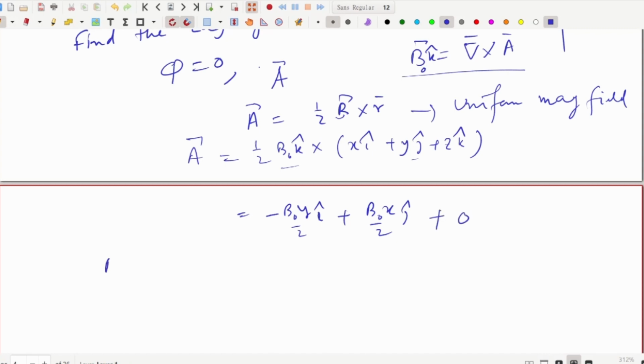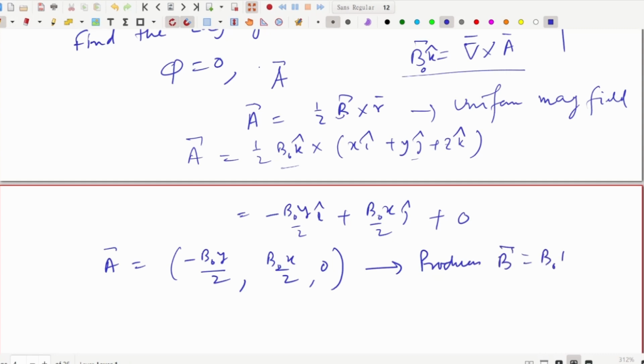So we obtain the vector potential: the x component is minus B0 y by 2, the y component is B0 x by 2, and the z component is 0. This vector potential produces a magnetic field B equal to B0 k, the z direction magnetic field. Of course, as you have learned already, there will be many, but at least one vector potential you have found.